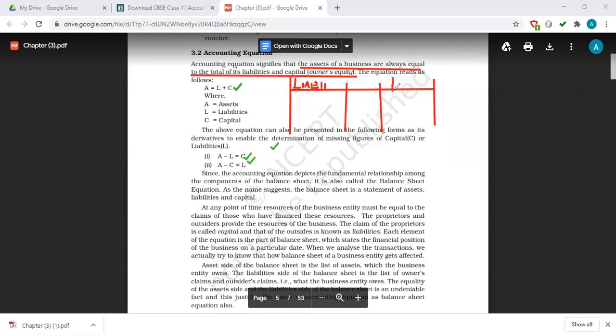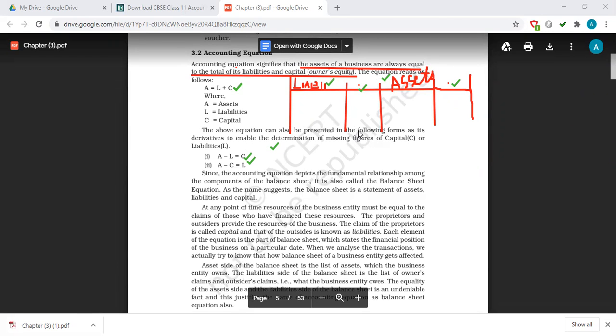And this is assets. This is the amount column of assets. Here amount is written, here amount is written. So here amount, assets and liabilities.